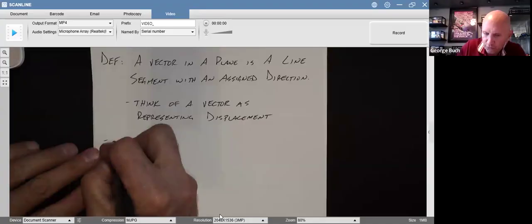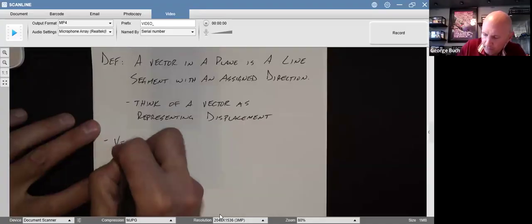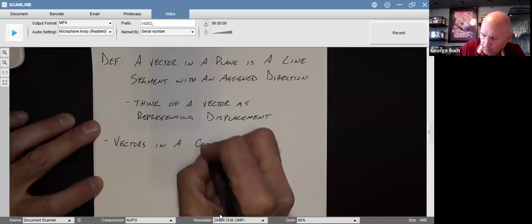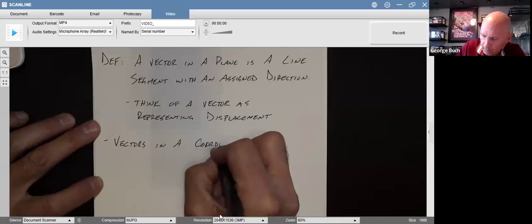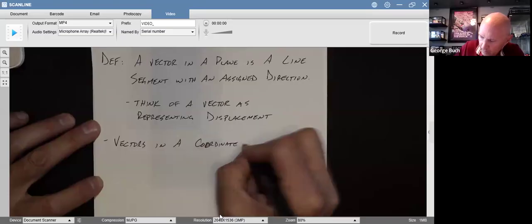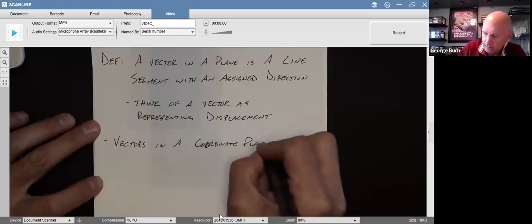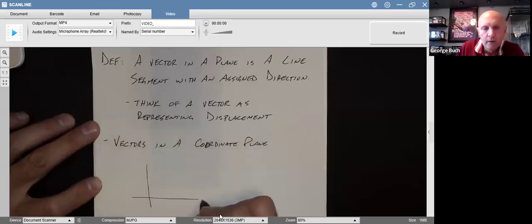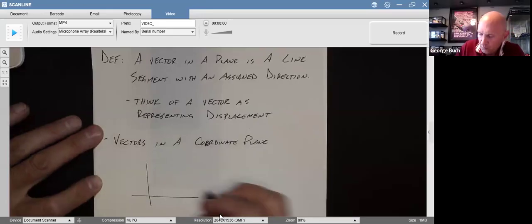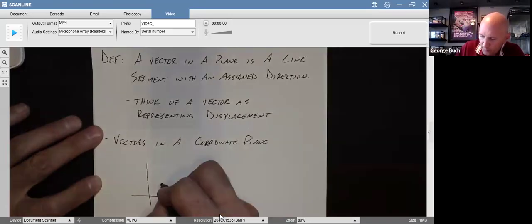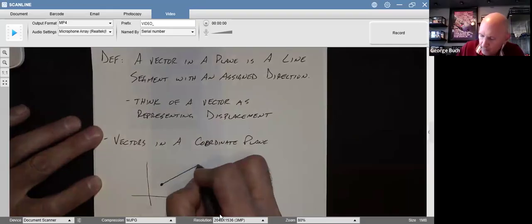So we have vectors in the coordinate plane. And so let's say that we're starting at some point and the vector is pointing in some other direction here.